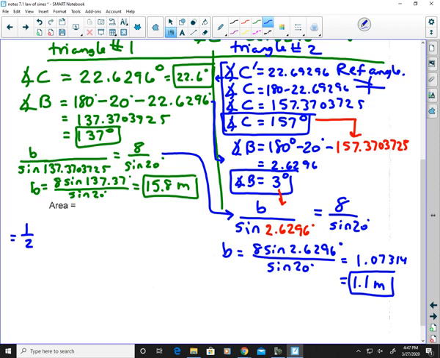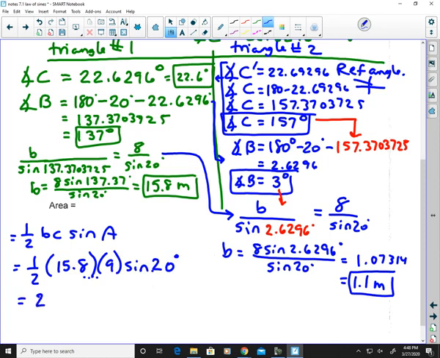So it's going to be equal to 1/2 BC sine of A. So 1/2 B is, let's see, B we just found, oh, I should have done this for each triangle right away, 15.8, but I'll use the long number, then it's the 9, sine of A, 20 degrees. You should get 24.4 meters squared.